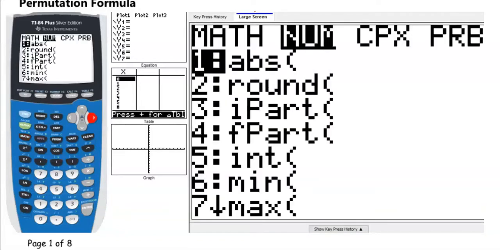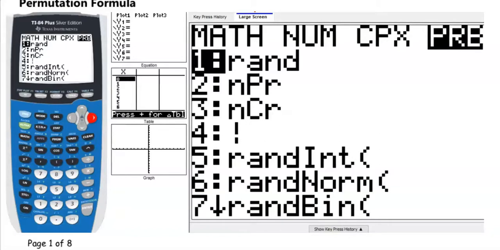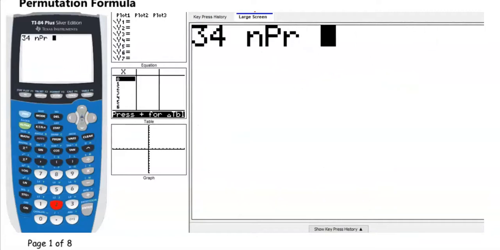That's the P. So I'm going to go to math, and back to probability. And hey guys, do you see the second one in my calculator says NPR? I'm going to select that one. That tells the calculator you're going to do a permutation for me. The N goes before, then the permutation, and then how many we want to take at a time. And we type in 5.